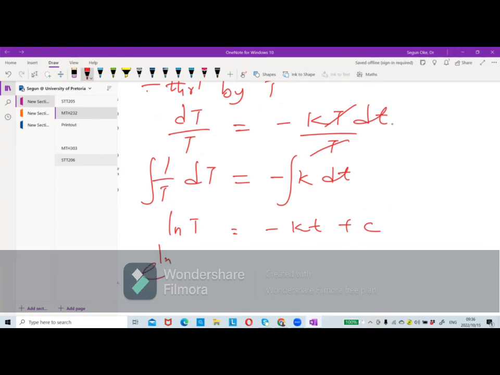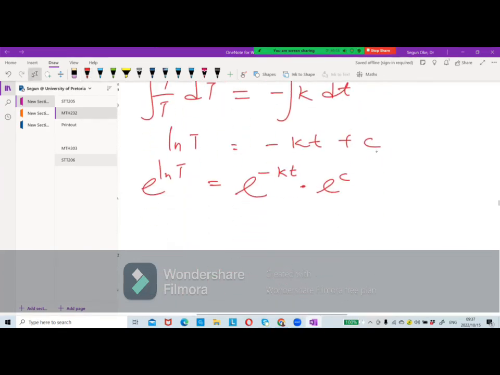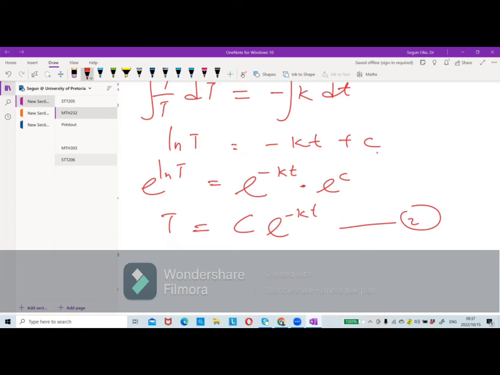You have exponential of ln T equals exponential of minus kt, dot, plus means dot, exponential of c. So what do we have here? Our T is equal to, exponential c is still a constant c, we call it c exponential minus kt. That is equation 2.